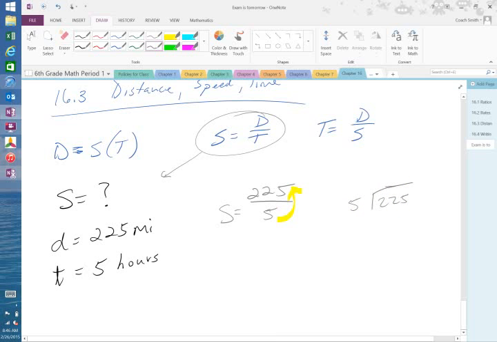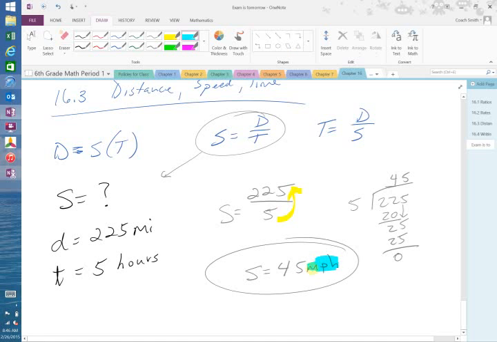5 goes into 22 how many times? 4 times. 20, remainder 2. Bring down my 5. 5 into 25, 5 times. 25, remainder 0. So the speed then is 45 miles per hour.